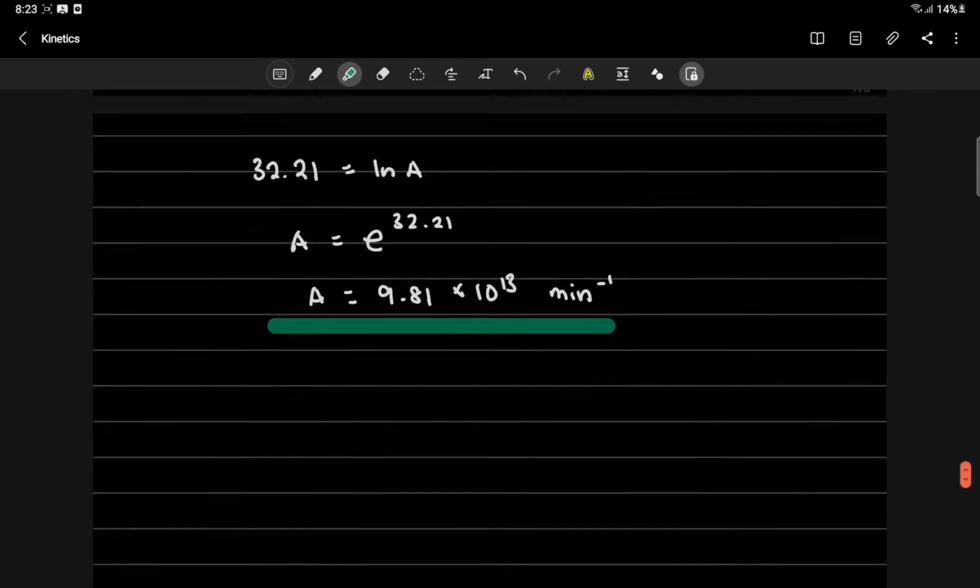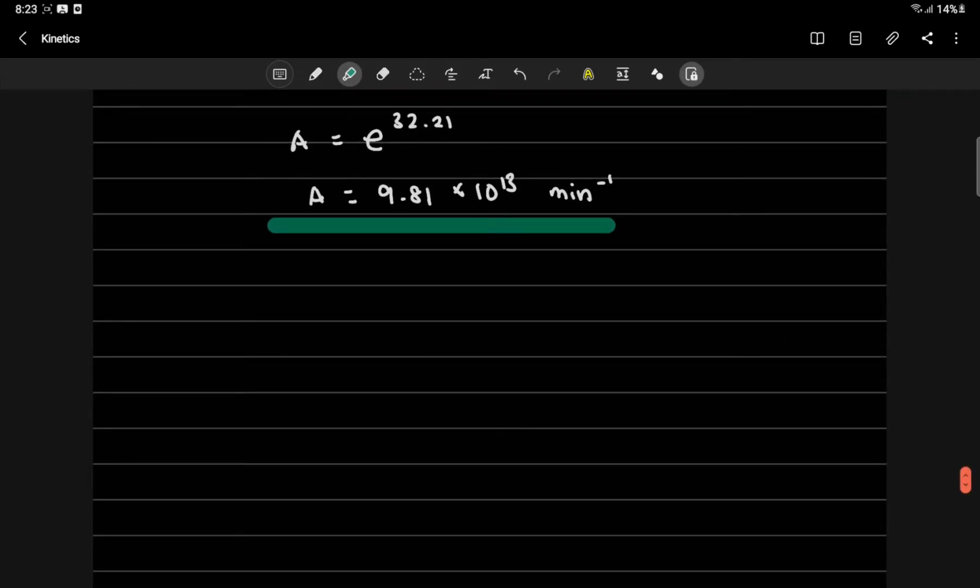Okay, so another problem type involving Arrhenius law is that if you have a value for a certain rate constant at a certain temperature, so what will be the value of that rate constant at another given temperature? Or vice versa. So for example, we have a reaction and yung activation energy ng reaction na to, so this is just an example.